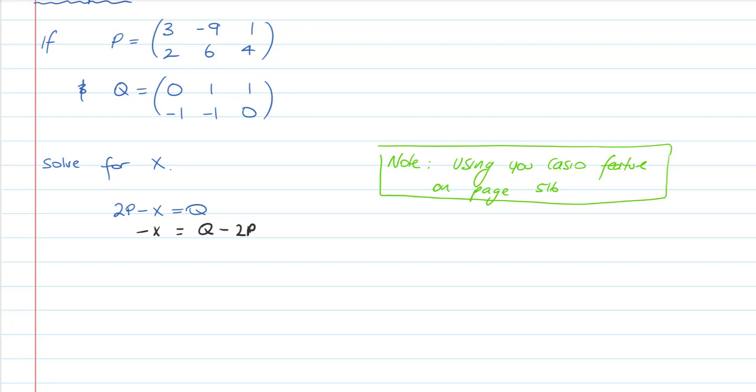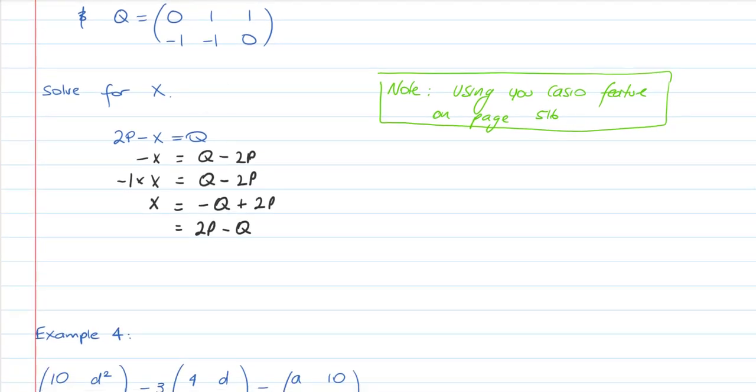And then remember, minus X is minus 1 times X equals Q minus 2P. And to get rid of that minus 1, I can divide by minus 1, or I can multiply by minus 1 to cancel it out. But I ultimately end up with X equals negative Q plus 2P, or 2P minus Q. So to work out my value of X, I'm going to calculate 2P minus Q.